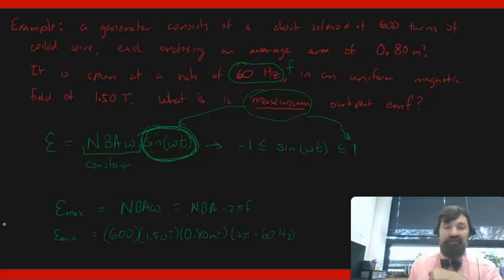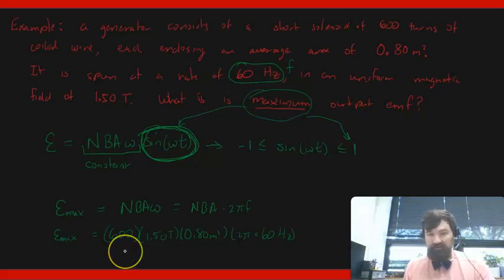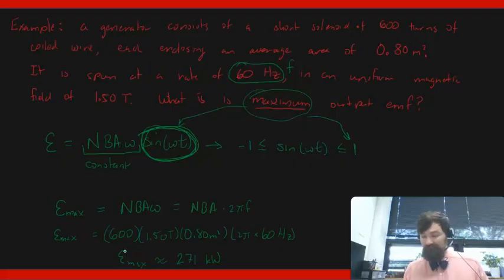You can plug all that into a calculator to get your final numerical answer. The answer that you end up getting is 271,433.6 watts, and maybe a little change, so we could call that 271 kilowatts of power. So that's how much power this particular generator produces at maximum.